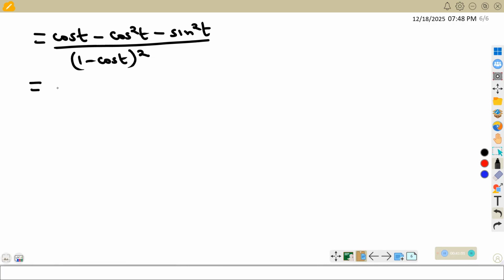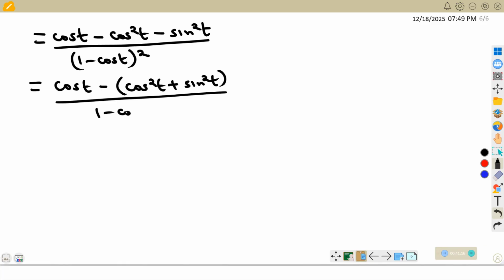This can as well be simplified as cos t minus, putting this into one bracket, cos squared t plus sin squared t, divided by 1 minus cos t, everything squared. So this is cos t minus, this will give us 1.